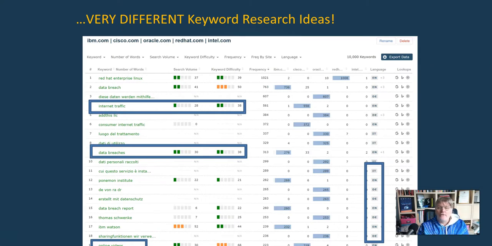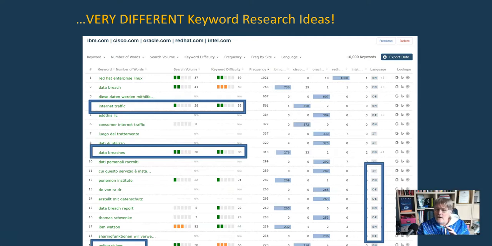So I can see, for example, that Cisco has got a lot of links around the concept of internet traffic, whereas IBM has a lot of information around data breaches, and then another one around online videos for Cisco.